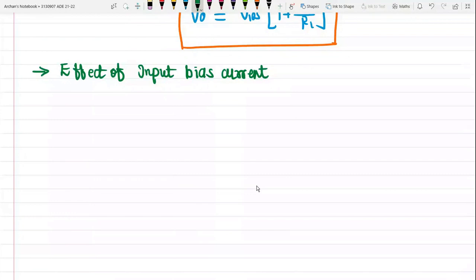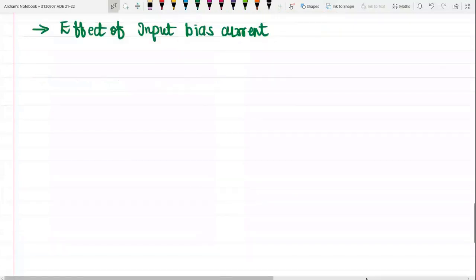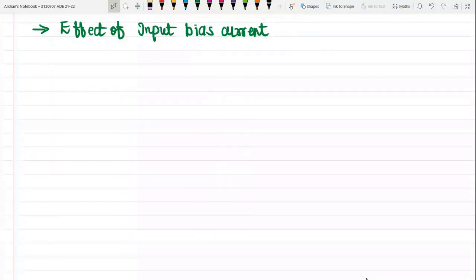So we already have seen earlier that the input bias currents are actually the base currents supplied to the transistors of the input stage to keep them biased in a linear region. Okay, and the circuit used to measure the input bias current is provided over here. Right? So we have this operational amplifier.